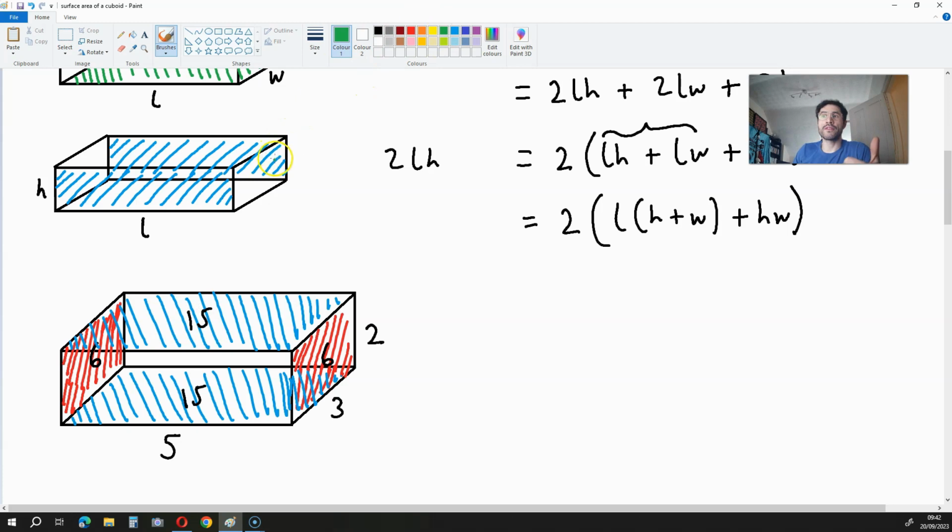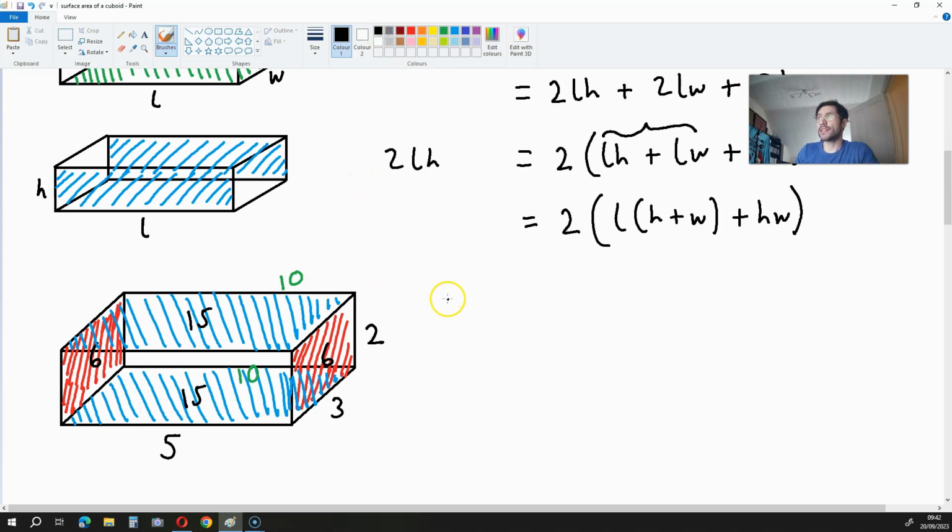Finally, let's deal with the front and back faces, okay? The length is 5 and the height is 2. So the front face will have an area of 10, and the back face, okay, will also have an area of 10.